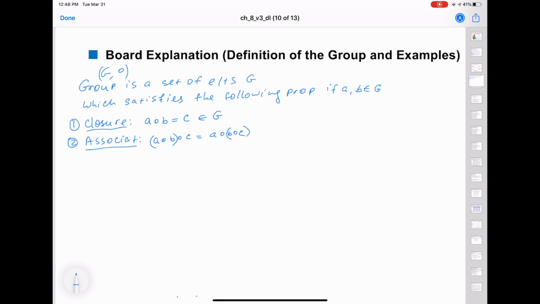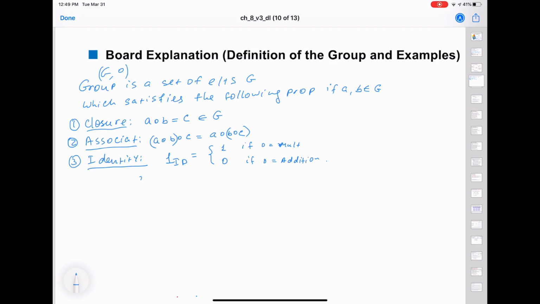Yes, and the third one is the identity. What is identity? We have element 1id. 1id means 1 if your operation is multiplication, and 0 if your operation is addition. What does this mean?